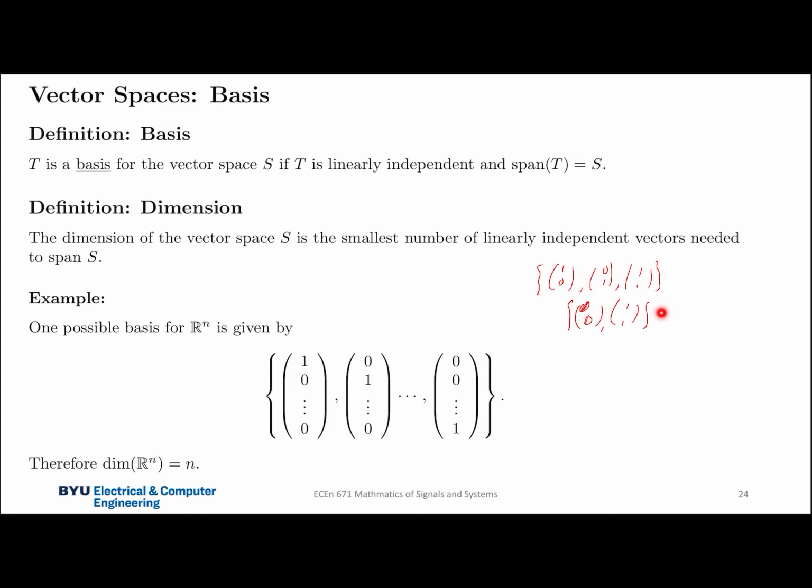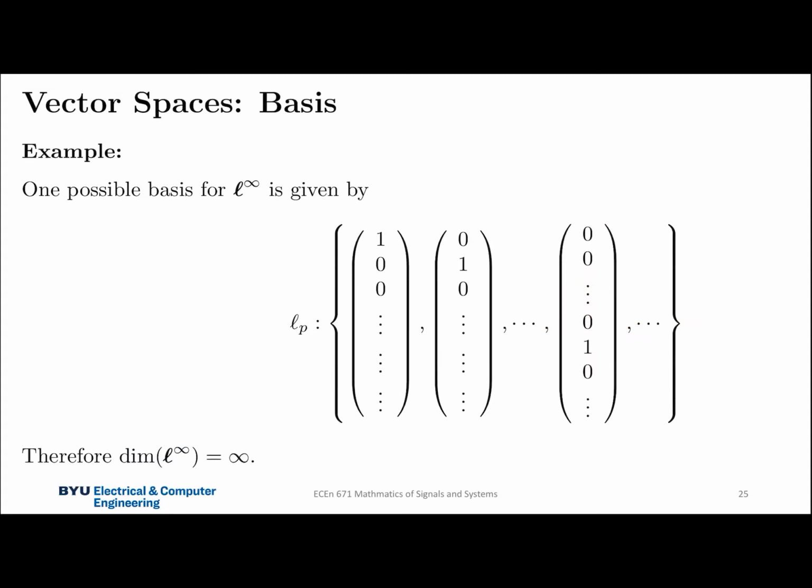As an example, a possible basis for Rn would be the vectors where you have 1 in the ith position and 0 elsewhere, and you have n of them. So there are n of those, and the dimension of Rn is equal to n.